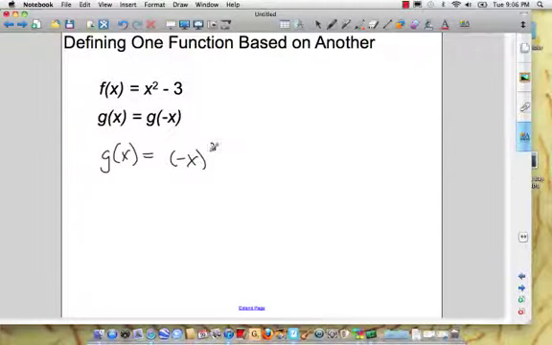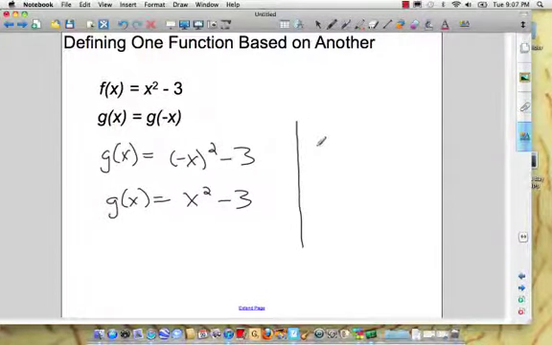So instead of x squared, it's negative x squared minus 3. Okay, and then, got to think about this one. If you take negative x times negative x, the negatives cancel out, and you just get x squared. So it turns out in this example, g of x is actually the same as f of x.